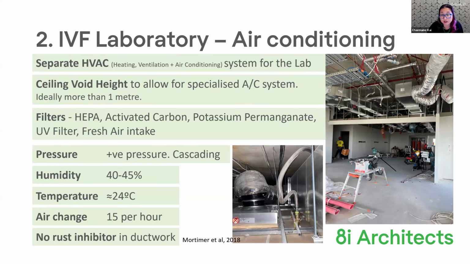There are cases where it's unavoidable and you will share a system, but ideally the lab should be in control of their space. Particularly given some of the requirements that I'll go through below, it's not quite compatible with a hospital space or even a clinic space or an office space. So ideally you keep a completely separate HVAC system.